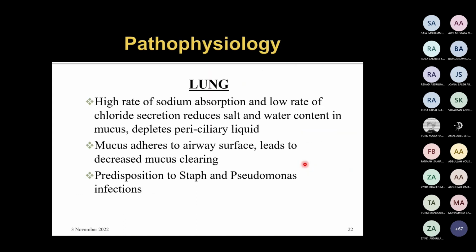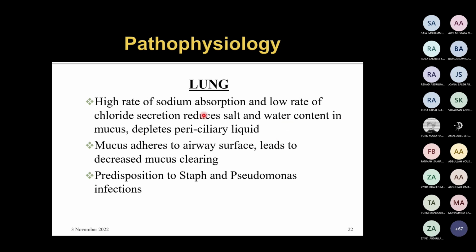Now, when we go through the function in each organ, in the lung, as I said, there is a high rate of sodium absorption and a low rate of chloride secretion, reducing salt and water content in the mucus.